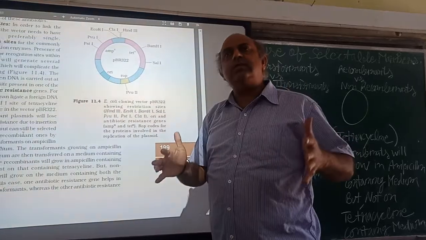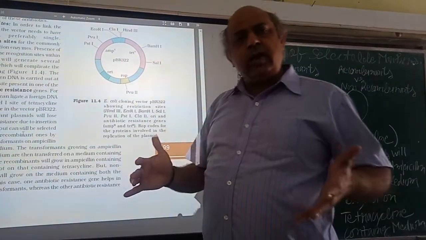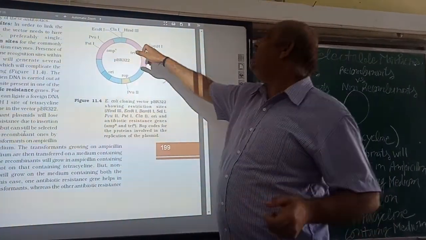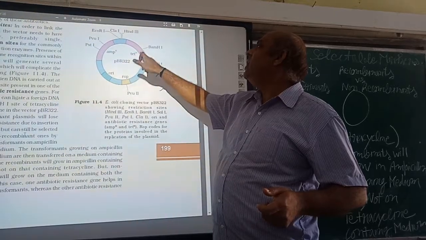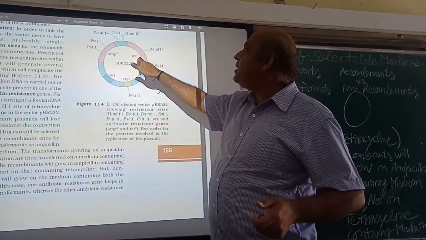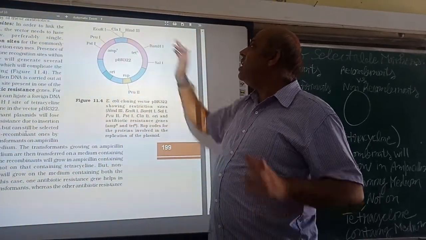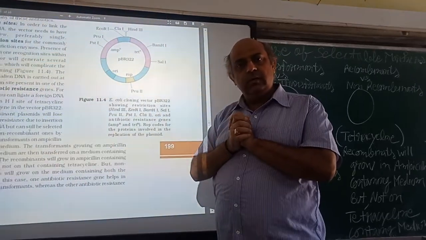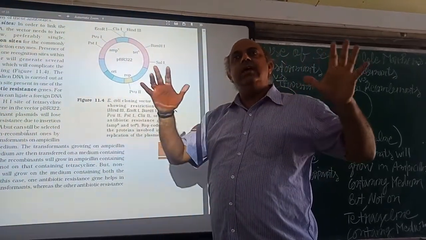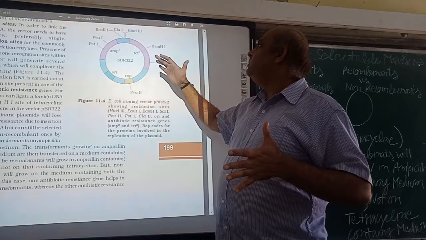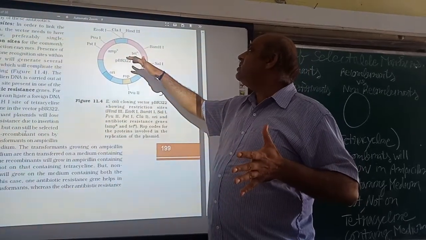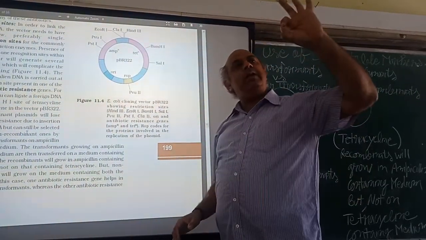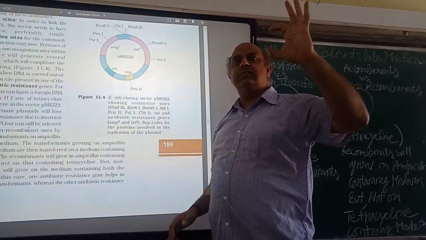If we use the enzyme BamHI, it will cut over here. That is, it will cut the plasmid in the tetracycline resistance gene.